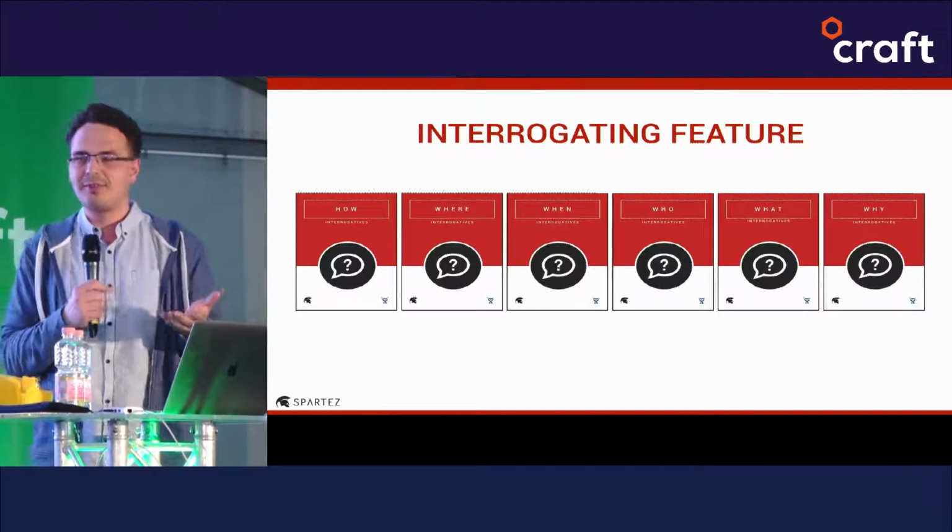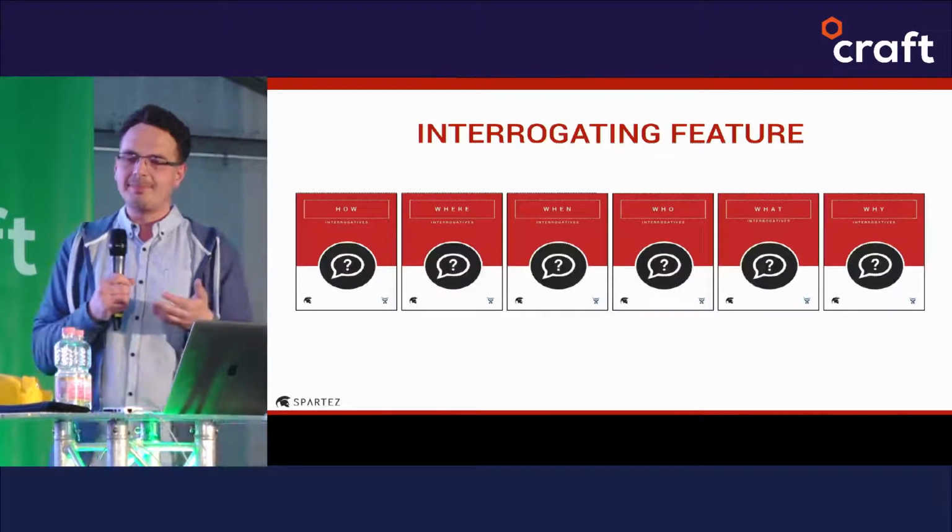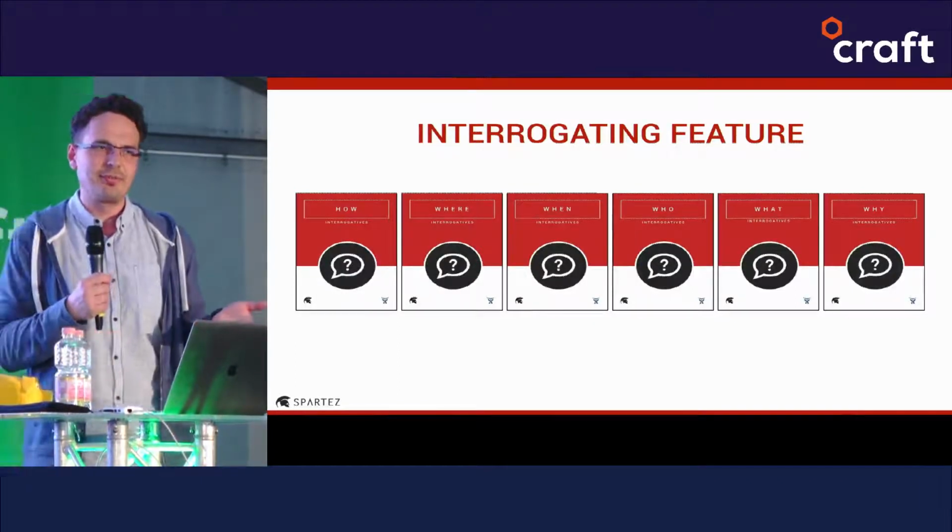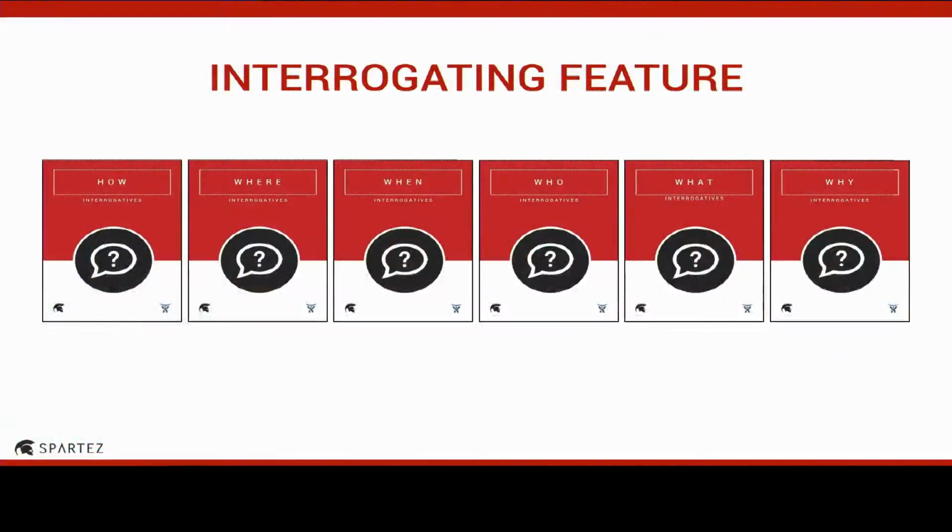So for instance, if you are working on creating users, right? Let's say that this is a very basic feature that you are going to work on. Maybe each of you in a group has some rough idea how the user is going to be identified, right?